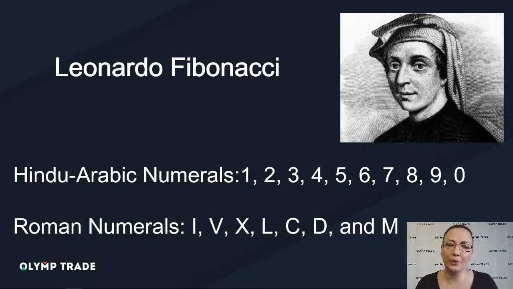And he also introduced the Hindu-Arabic numerals to Europe and to the Western world, which gradually started to replace the Roman numerals. As we can see, here are the Hindu-Arabic numerals that we are all used to, the 0, 1, 2, 3, 4, 5, 6, 7, 8, 9, which gradually replaced the Roman numerals that we have right here, the I, and the V, which is 5, the X, which is 10, and so forth.